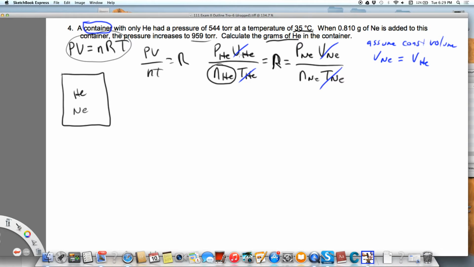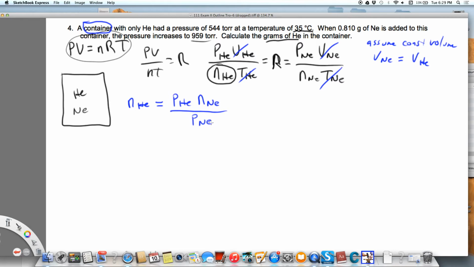So what that leaves us with is, and let's solve this for moles of helium, that the moles of helium are going to equal the pressure of helium, so we're rearranging this equation, times the moles of neon over the pressure of neon. Okay? So do we know all those things?